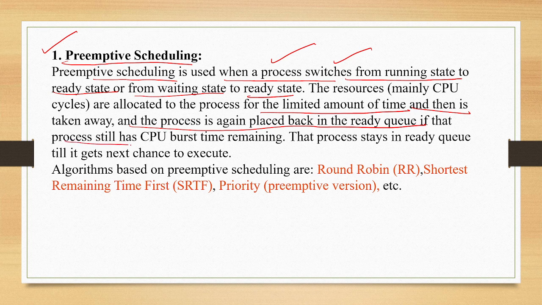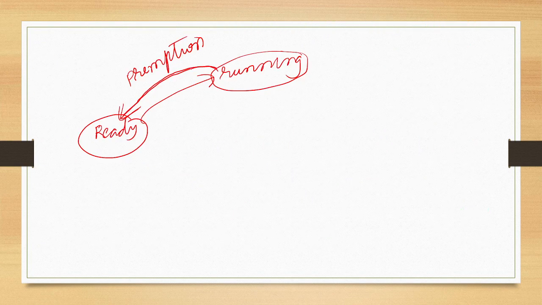If that process still has CPU burst remaining, it stays in the ready queue. I will explain again. See here, why are we removing the CPU from process P1, which is currently executing? We are removing process P1 and allocating CPU to process P2.